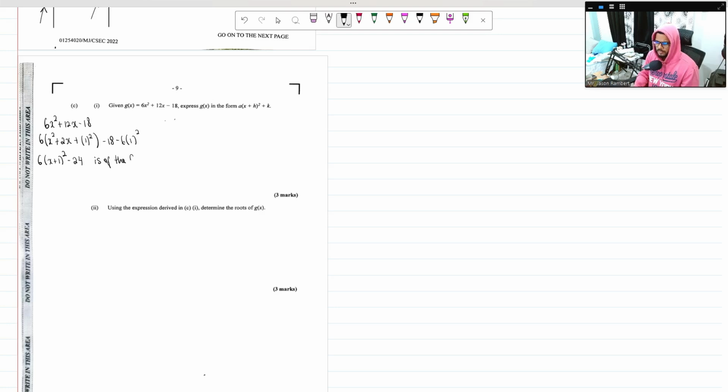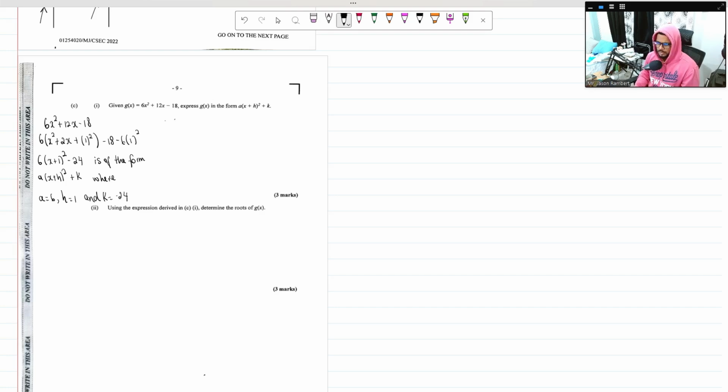It is of the form a into x plus h squared plus k, where a is 6, h is 1, and k is minus 24.